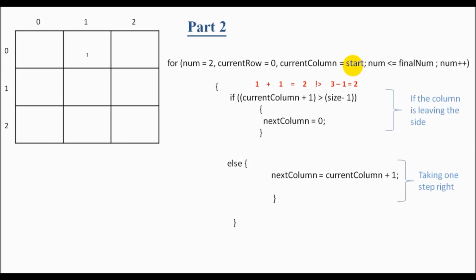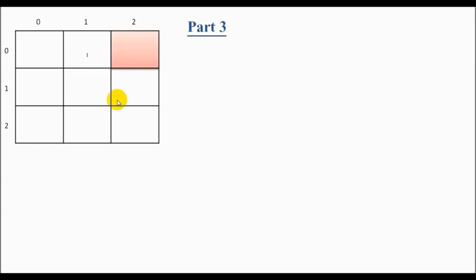The condition is not true here. We're just going to jump to the else part. So our current column is 1, and we just add 1 to that. 1 plus 1 equals 2. So our next column will be 2. After taking one step right, our current position is here.